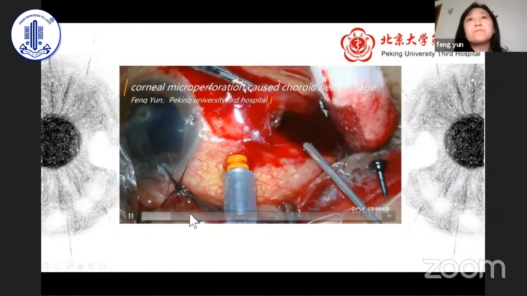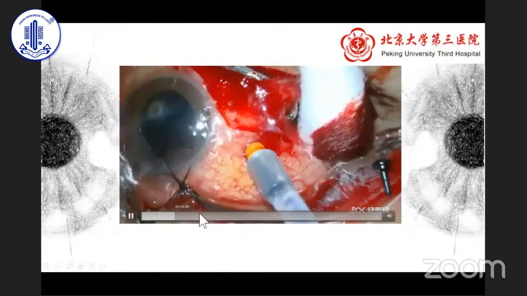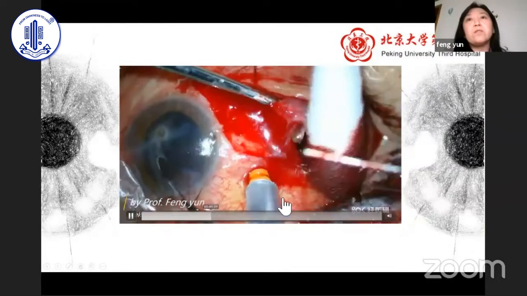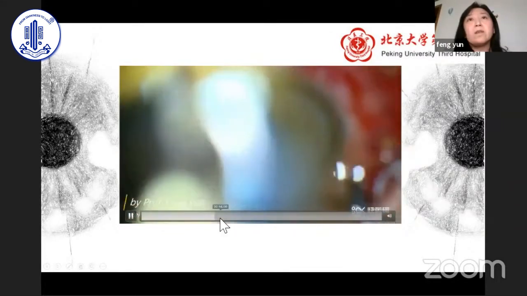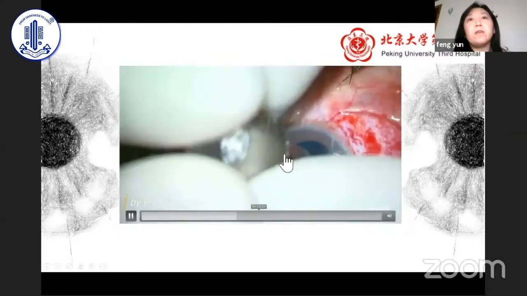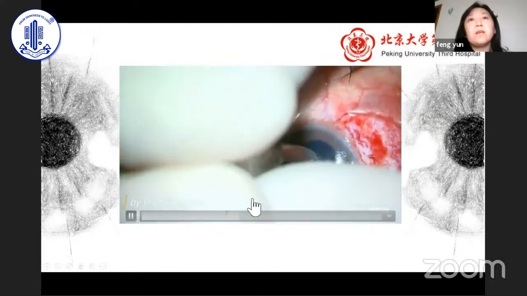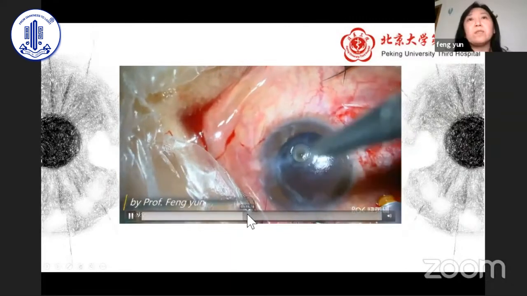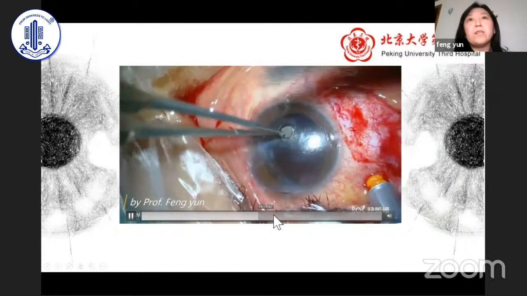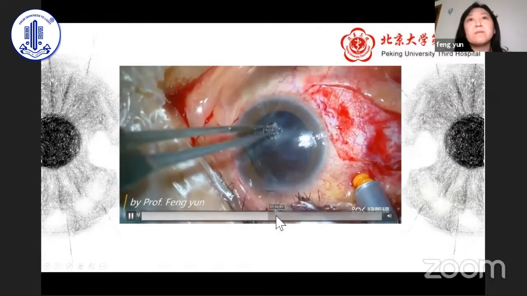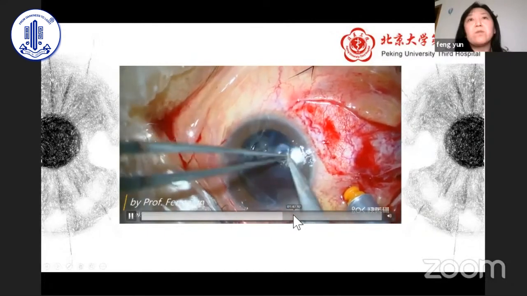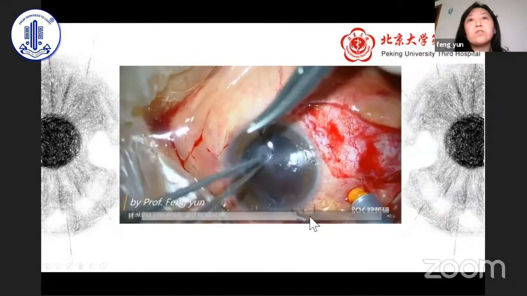So we have the choroidal hemorrhage at the equator, and we can see the hemorrhage. Then we punch the cornea, use a very small piece to get a clean cornea, and suture the cornea.